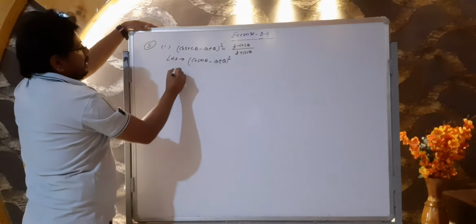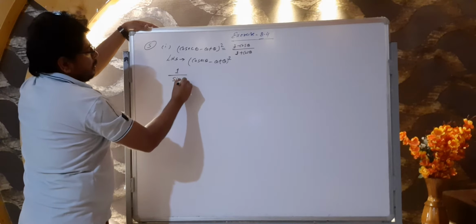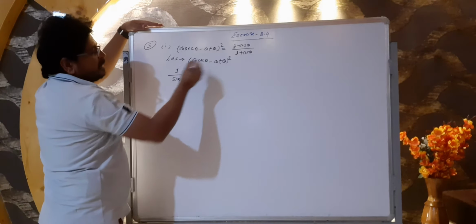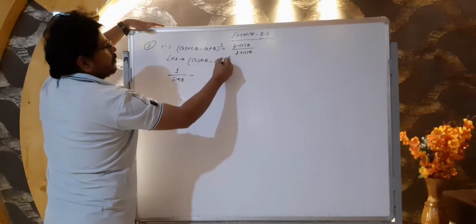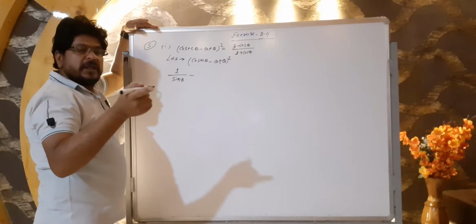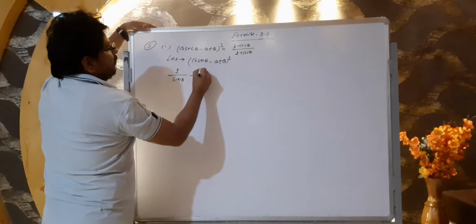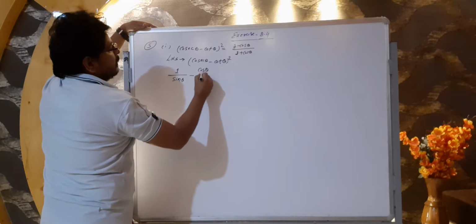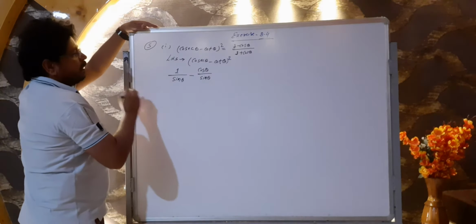So cosec theta at that particular place, what can we write? 1 upon sin theta. Minus cot theta, it's just the opposite of tan theta, right? Tan theta is sin theta upon cos theta. In that case, cot theta would be cos theta upon sin theta. So here we write cos theta, and here we write sin theta. Okay.